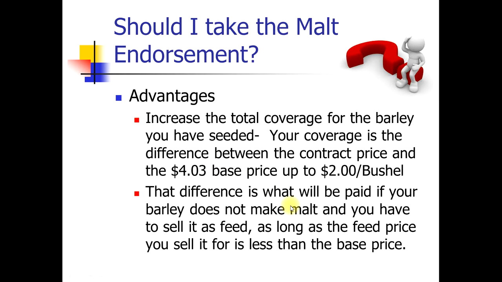So it's important to understand that not only will this possibly not pay because of some quality issues on your barley, but if you end up selling the feed for more than what the base price is and you have a fair number of bushels of barley, there's a good chance that's going to put a pretty good dent in your payment on this program.